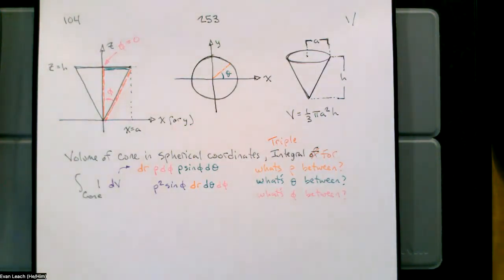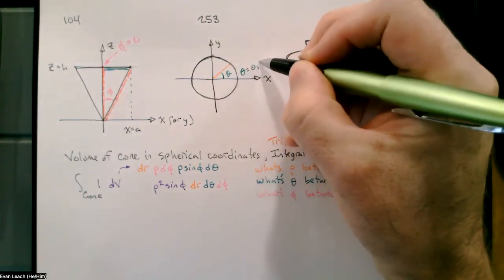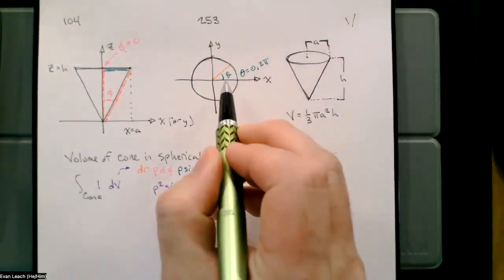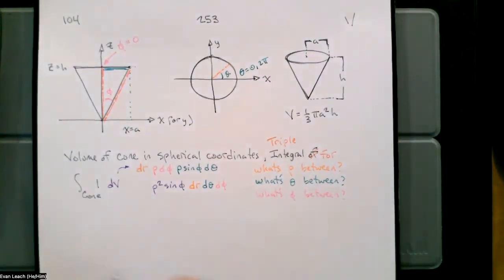All right. So since I want this whole cone, the easiest one to pick out for our last integral is going to be theta, because we want to go all the way around the cone. So theta goes from 0 to 2 pi. That will take us all the way around the cone. So the easiest interval to pick out is theta.